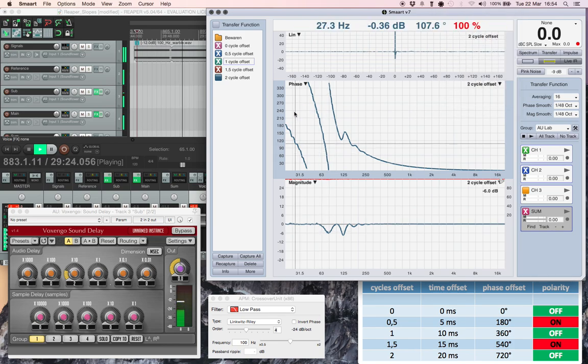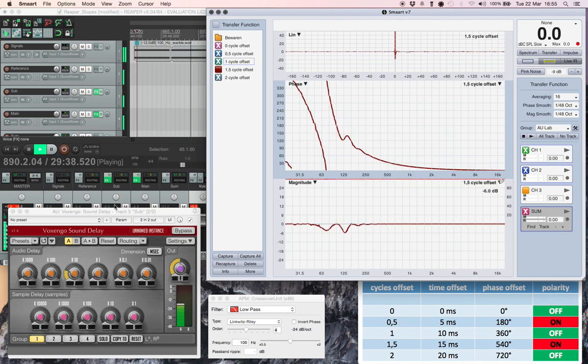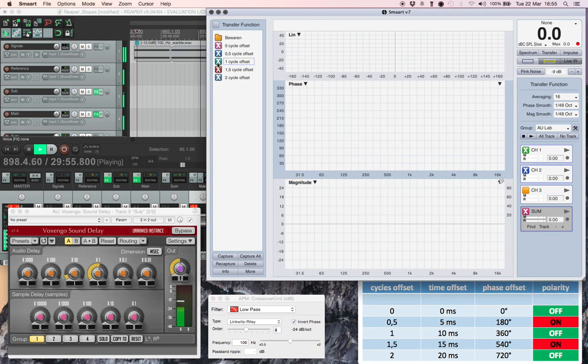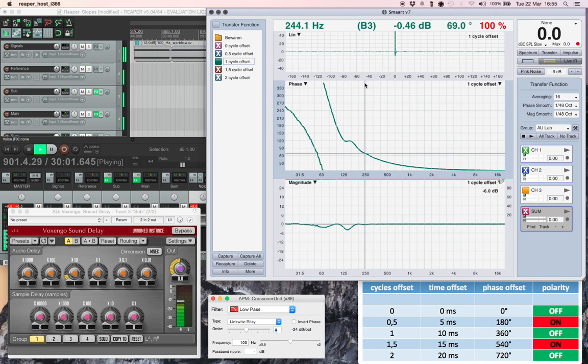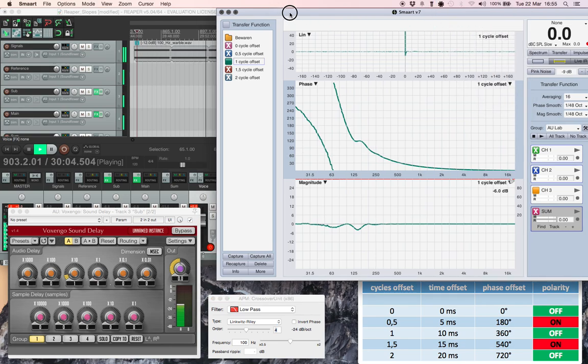So I will go through all instances again, and then we will listen to something else. So this is 2 cycles apart. Let's go to 1.5 cycles. Out of phase, in phase. One cycle apart.